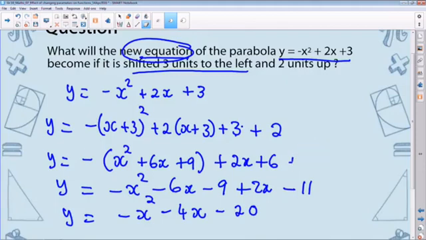This is plus 6. Let's just fix that. Plus 2x plus 6. All right. Plus 3 plus 5. Okay. Which is correct. So you've got plus 11. That's minus 20. So it's minus x squared minus 4x minus 20. Just check your simplification and then you are fine. All right.